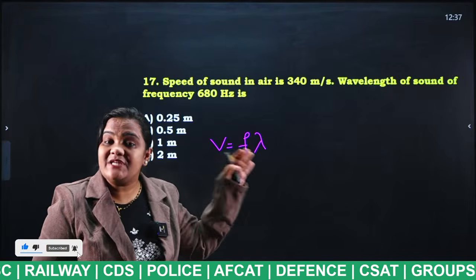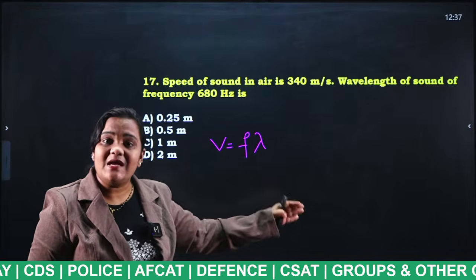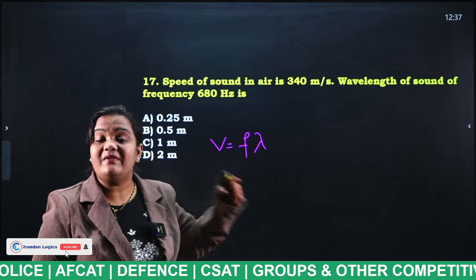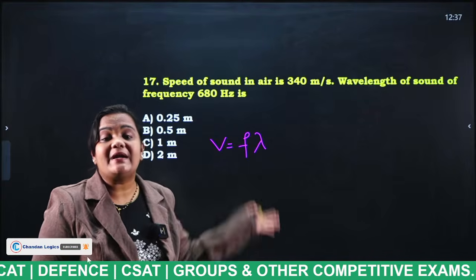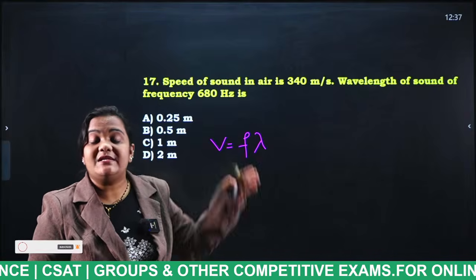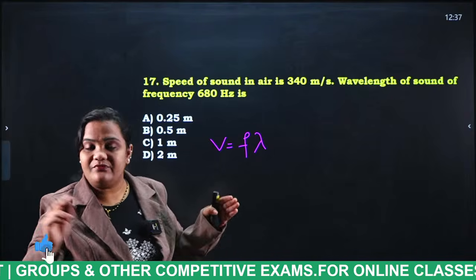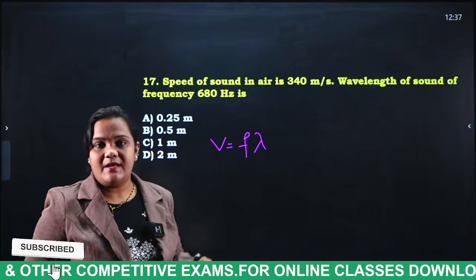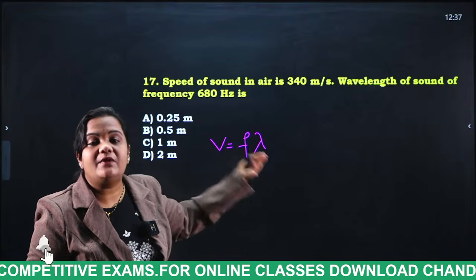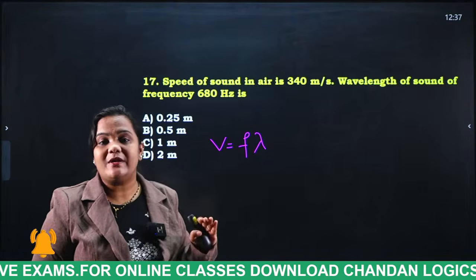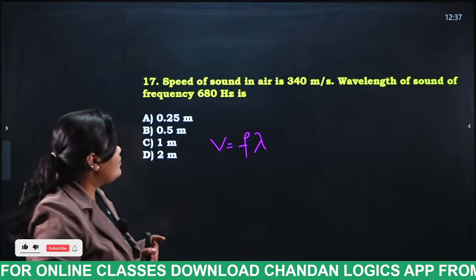What do you mean by wavelength, students? The distance from one crest to another crest is known as wavelength. And the product of frequency and wavelength is known as velocity.